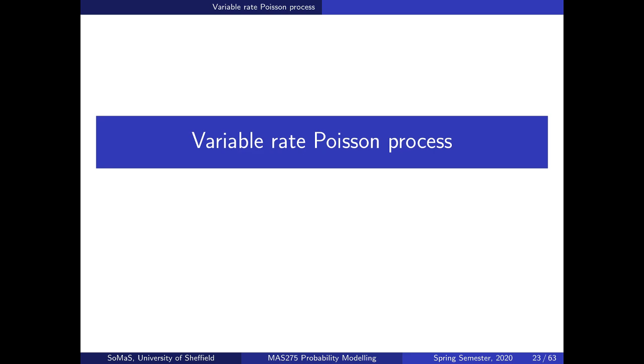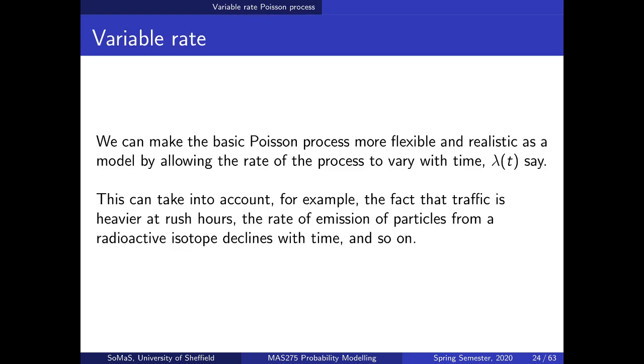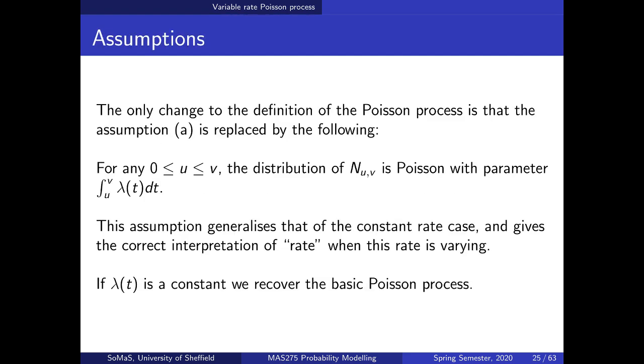So we basically extended the definition of the Poisson process to include Poisson processes with variable rates. And the most important thing to remember with the variable rate is that assumption A is slightly changed. So now N_{UV} is not Poisson with parameter lambda times the length of the interval UV.